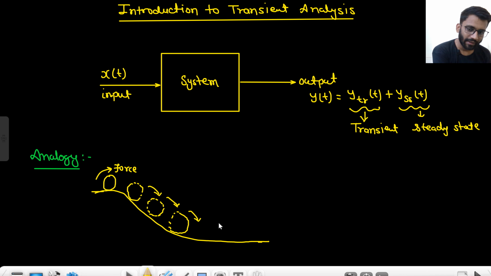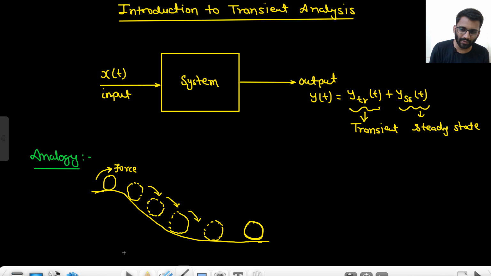At some point of time, it will be stable. It will just not move, right? So this was your point of action. From here you gave a force, and then the ball is moving, and at some time it is stable.